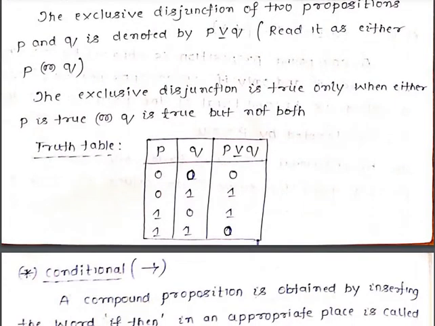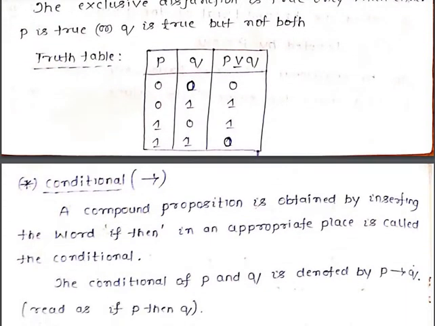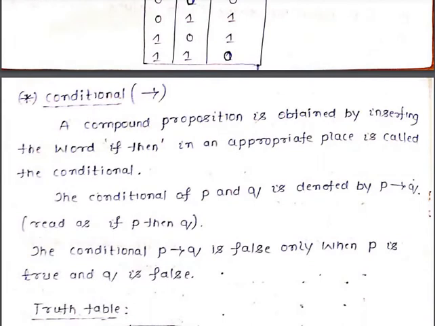Now let us discuss another concept called conditional. What is conditional? Conditional is represented with this arrow symbol. A compound proposition obtained by inserting the words "if then" in an appropriate place is called conditional. It is a condition, right? If I am telling you, if you attend the class, then only you will get marks.